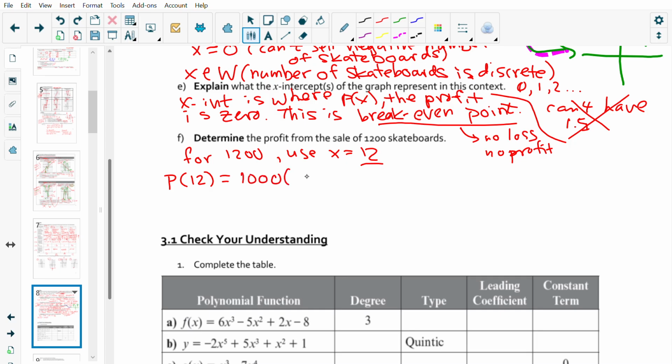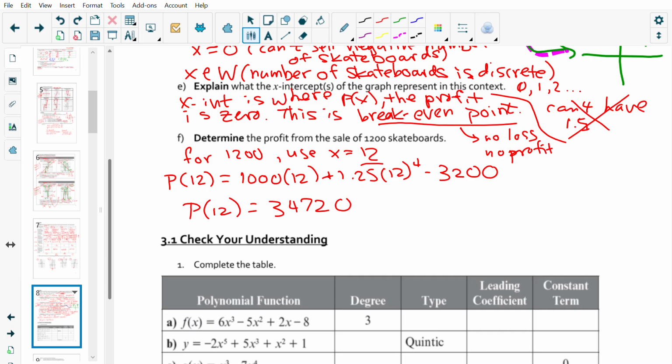So the profit, P of 12, equals 1,000 times 12 plus 1.25 times 12 to the fourth minus 3,200. Profit is 34,720.